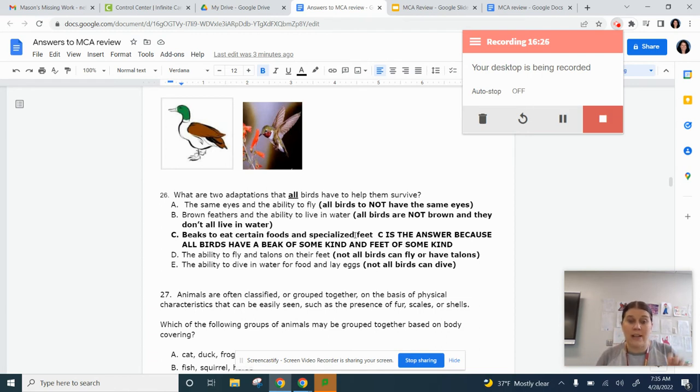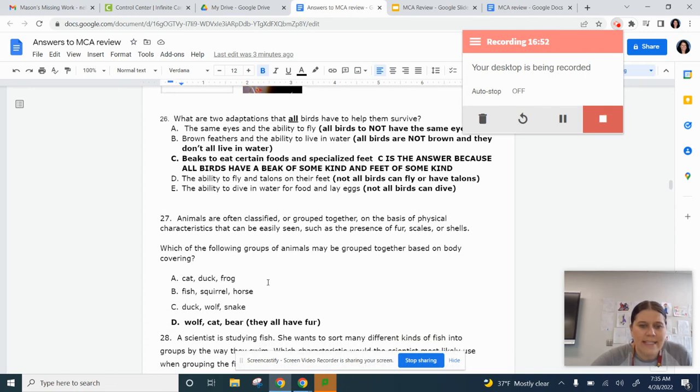So all birds have a beak, not the same beak, but they have a beak and they have feet. They can't all fly. They're not all brown. They don't all have talons. Talons are like the eagle feet. They can't all dive into water. So C for 26. 27 should have been D.